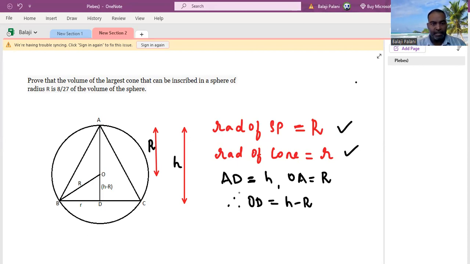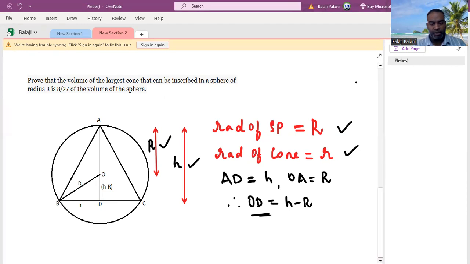Now, AD is the height of the cone, which is marked as H, and OA is again the radius of the sphere, which is capital R. Do not get confused with the parameters being used. Be very careful with the naming part. Therefore, I'm getting OD as H minus R. Hope that is clear from the diagram.